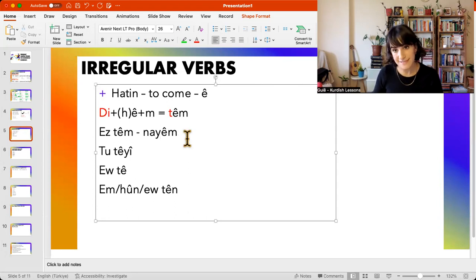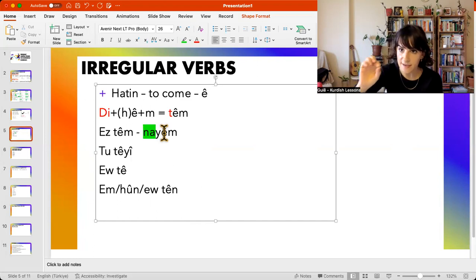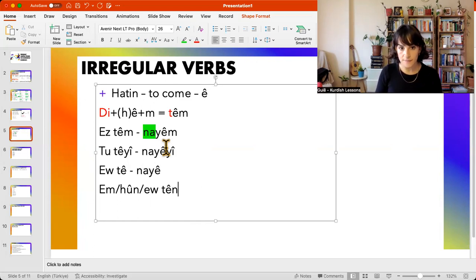A negative form will be as naem. So this na is our usual negative prefix for present, but here, since we have a vowel ending stem, naem is hard to say. We put one ye to make it easier. Naiem, naiem. Tu naiyi, au naiye, am hun au naiyen.